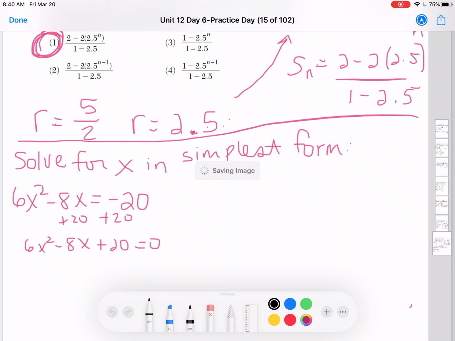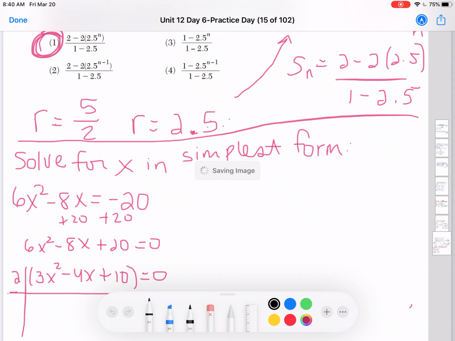Very first step always in solving any kind of quadratic is taking out the GCF. So let's take out a 2. I'm left with 3x squared minus 4x plus 10 equals 0. From here, we'll try to factor 3x squared minus 4x plus 10, but if we try to factor it, it doesn't work.